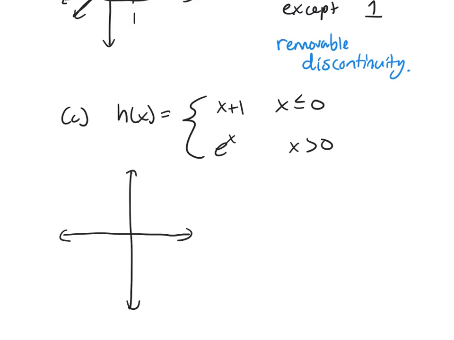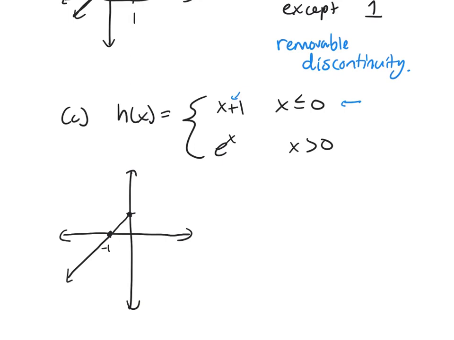I'm going to start with the first piece. If it's less than or equal to 0, it's this line here. So at 0, it's 1. At -1, it's 0.